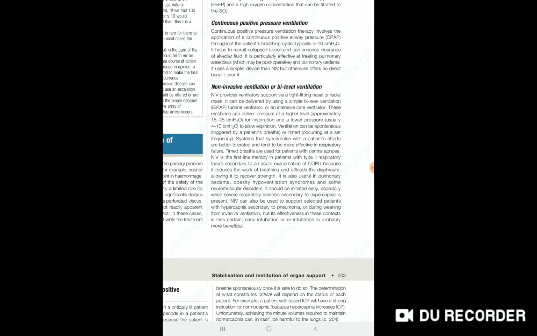In these phases, the ventilation can be spontaneous. The patient's own breaths, and timed breaths occur at a set frequency. The system is synchronized with the patient's effort, is better tolerated and tends to be more effective in respiratory failure. Timed breaths are used for patients with central apnea.